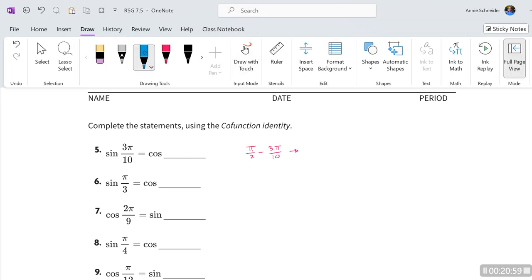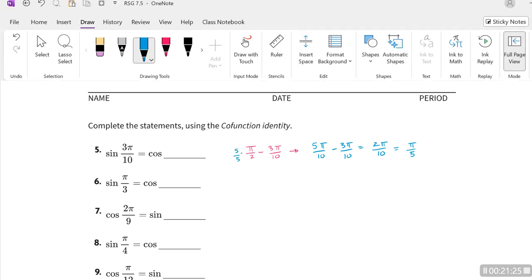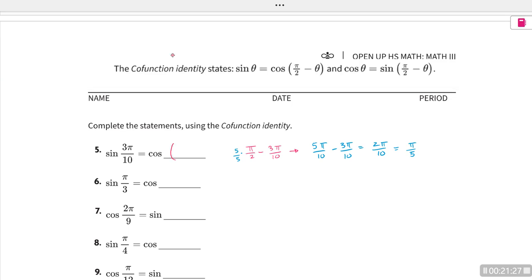So I'm going to multiply this by 5 over 5, so that my fraction becomes 5 pi over 10 minus 3 pi over 10, which becomes 2 pi over 10. I'm going to go ahead and reduce that to pi over 5. But if you wanted to leave it as 2 pi over 10, it really shows the similarities there. So pi over 5. Okay, good.